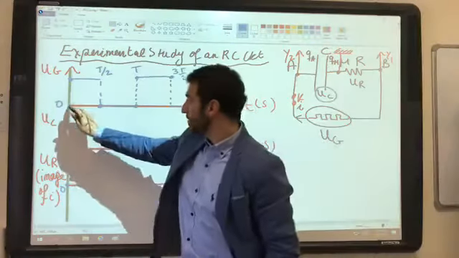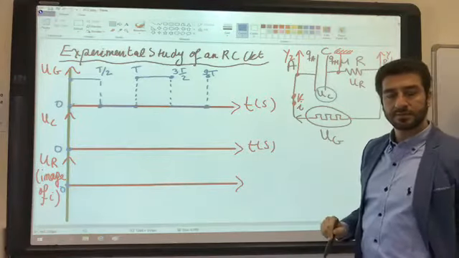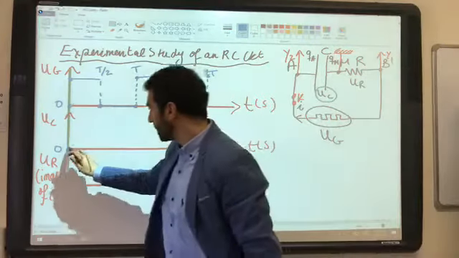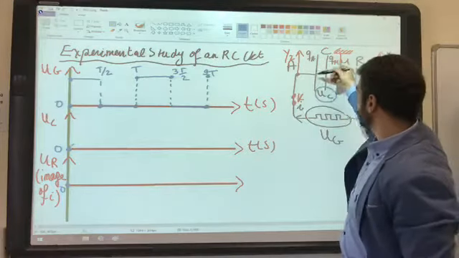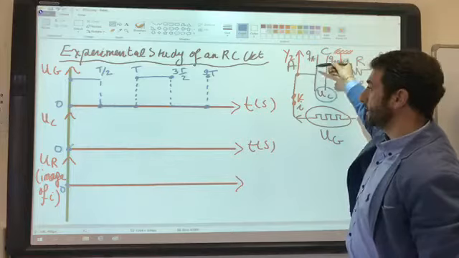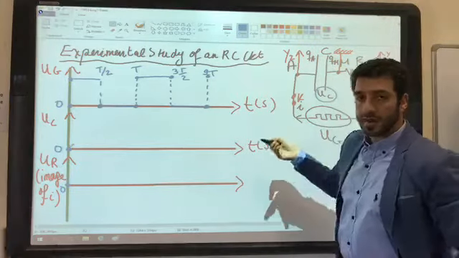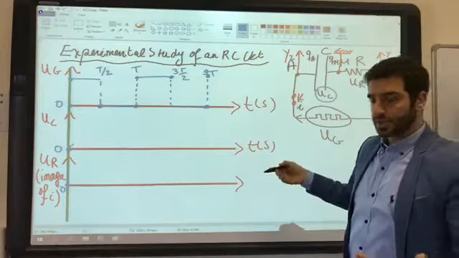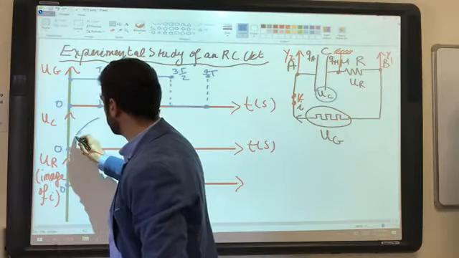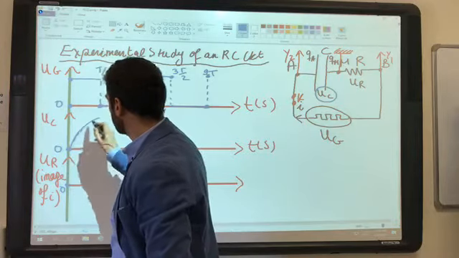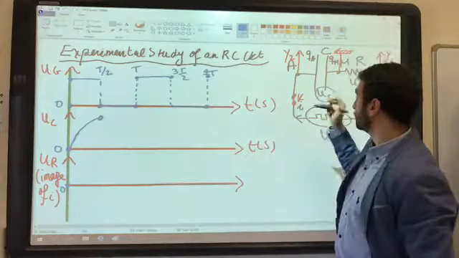At t equals 0, there is no voltage on the capacitor, so we begin from 0. That's the first point. When the current arrives at plate QA, it will start accumulating charges, going bit by bit up until it reaches a maximum at T over 2.